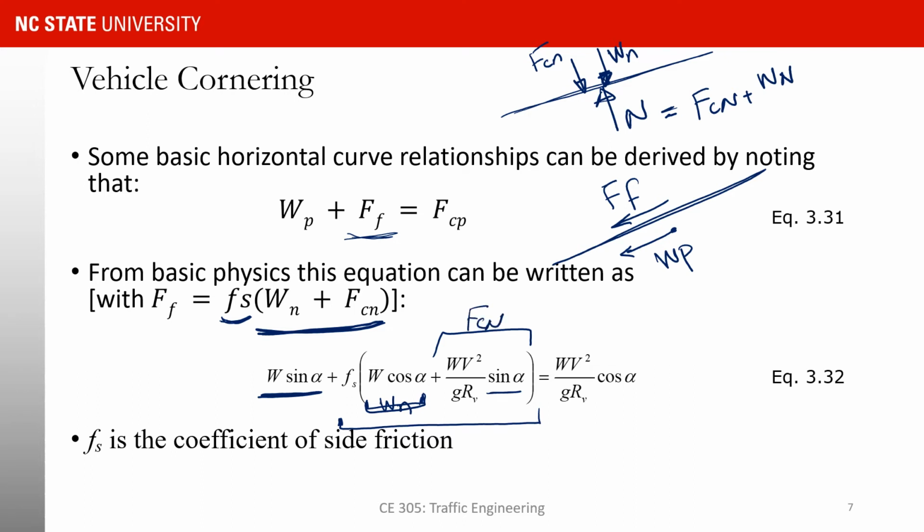And this should be equal to F sub Cp, which is W into V square over G into RV into cosine of alpha. So what I'm going to do here now is start working on this equation and simplify things. Okay, let's do that in the next slide.